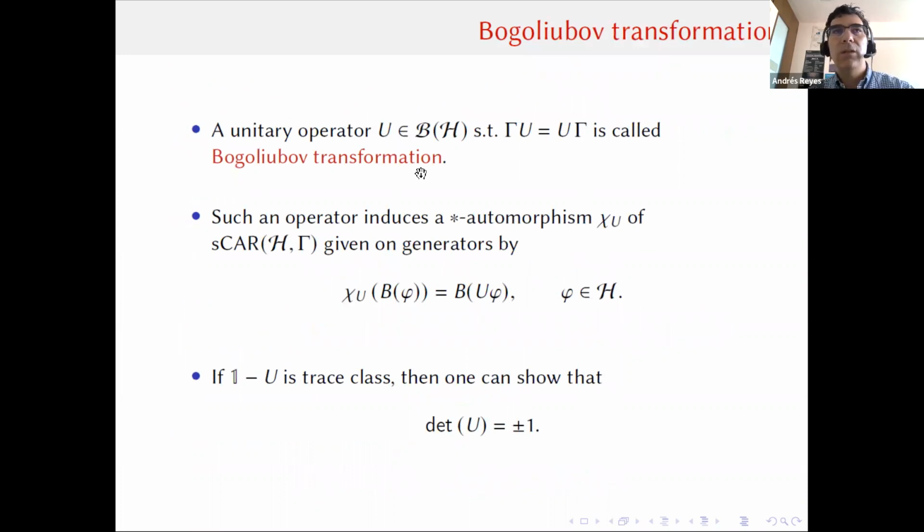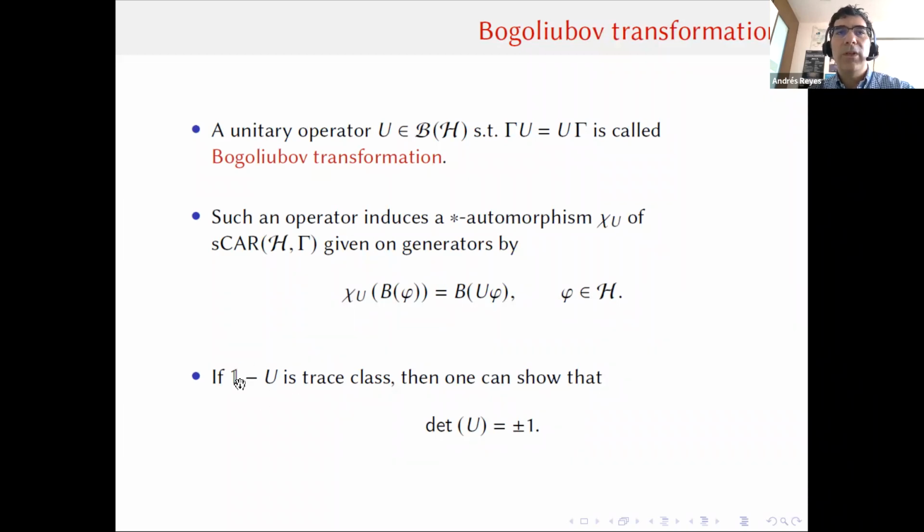Now, in this setting, a Bogoliubov transformation will be just a unitary operator u which commutes with the conjugation gamma. And such a unitary operator will naturally induce an automorphism of the algebra, just by using this as the definition for the generators and then extending it.